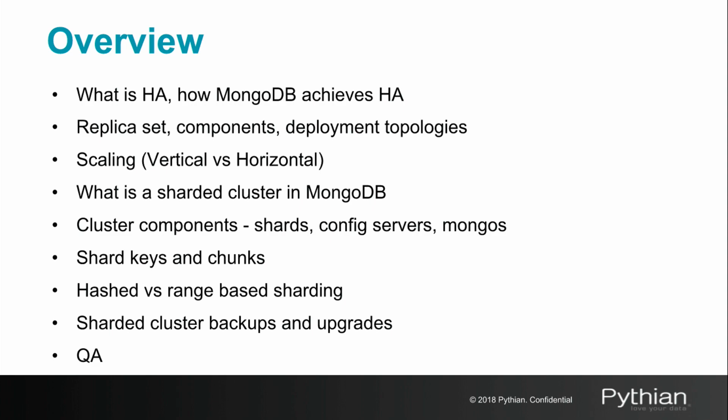What is a sharded cluster in MongoDB? What are the cluster components? Shard keys and chunks, hashed versus range-based sharding. And then we will discuss sharded cluster backups and upgrades. At the end, we will have Q&A session.